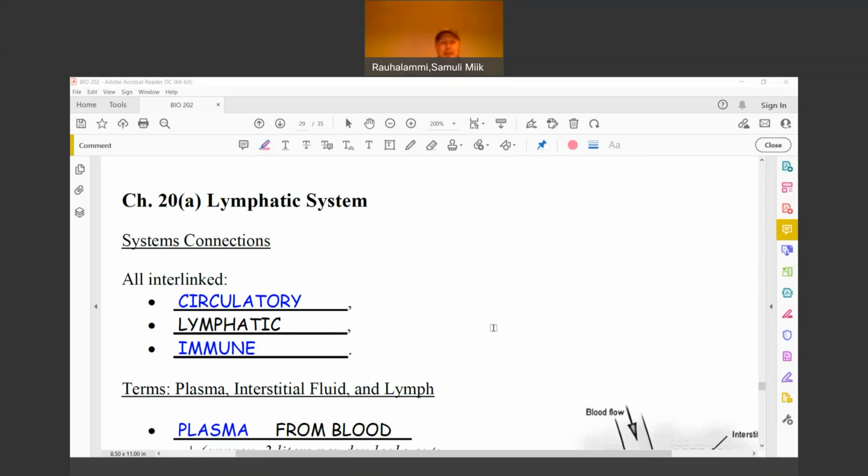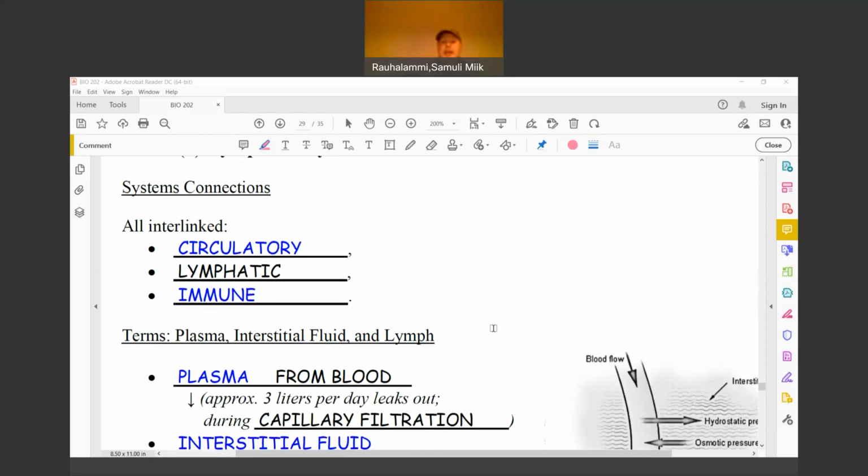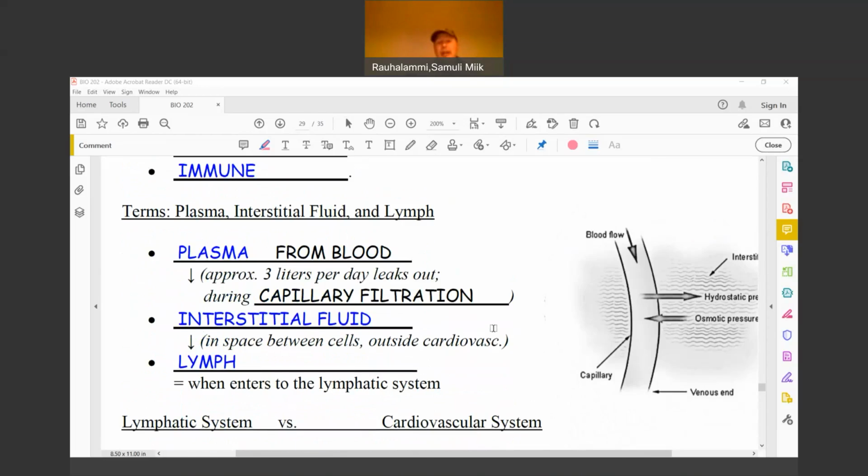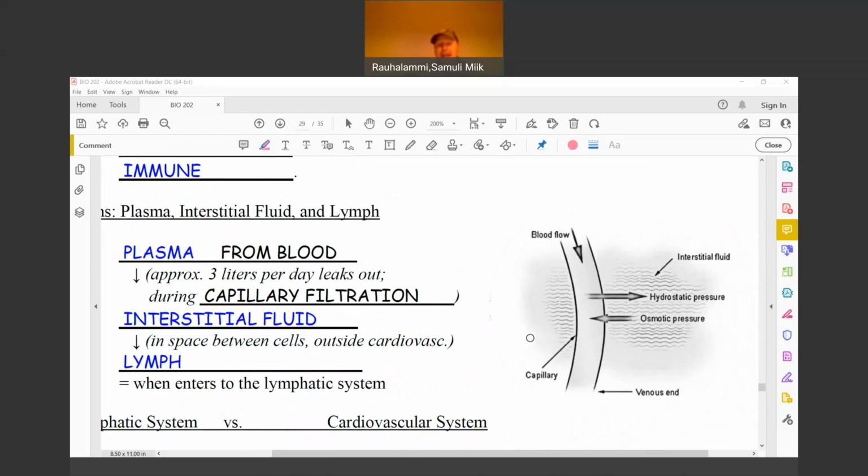So you'll see nicely how these are all connected. A couple of terms that I wanted to emphasize. You do remember this diagram, it was really good. So we're seeing here blood coming to a capillary. Some of the contents of the blood, especially the contents that would be our plasma, leak out.